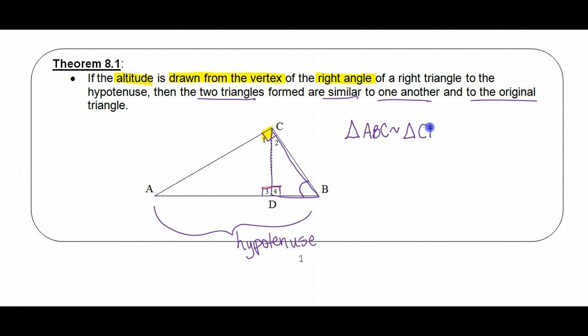C, B, D. Because angle 2 right here corresponds to angle A, B corresponds to itself, angle B, and then angle C on the big triangle is the right angle, and angle D is the right angle in the small one. Everybody see that?